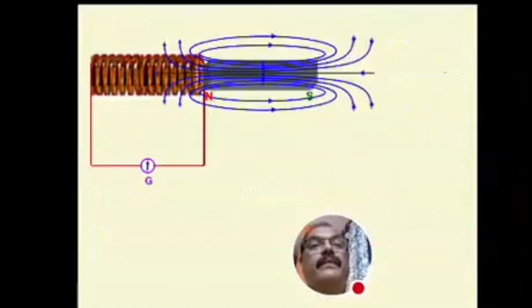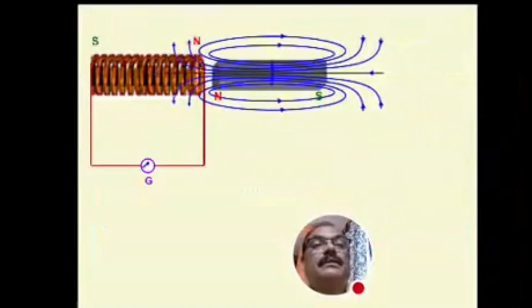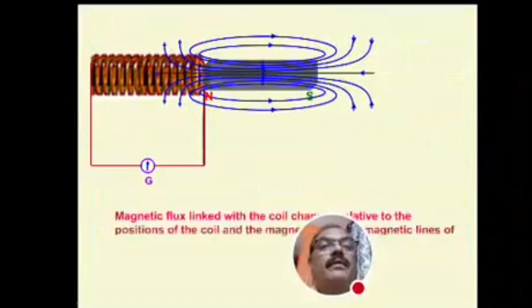deflection. You can see here once again, as you push the north pole, the same thing is happening. The previous experiment and this experiment are almost the same, but here the imaginary magnetic lines are shown in visible form.